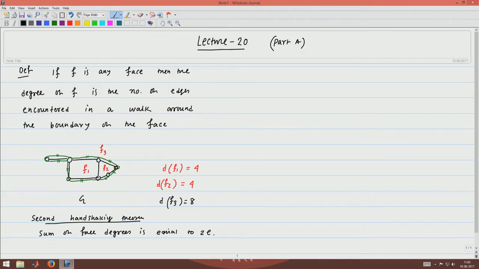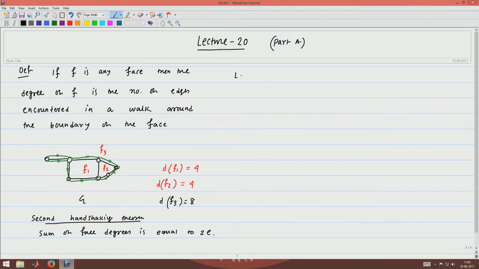You can see that this is true because in this example the sum of face degrees is 16 and there are 8 edges in the graph. So this is twice E.